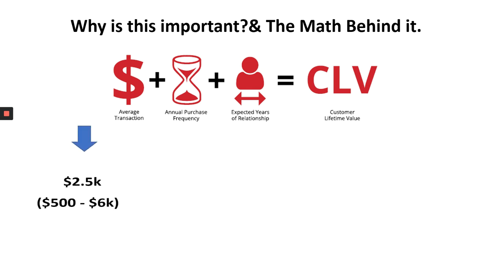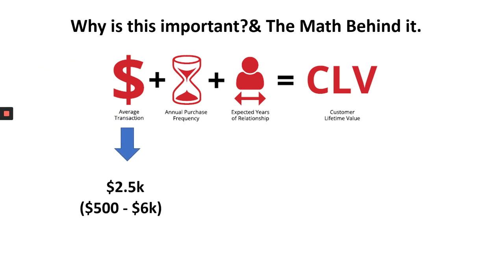So we have established that an average sale in a jewelry store is around 2.5K, around 2.5 grand. Given that the lowest sale value of your store is 500 and the highest sale value is 6,000, right? And for the sake of simplicity, we're just going to assume that if a lady comes to your store and buys a ring, she's going to return 3 times, right?